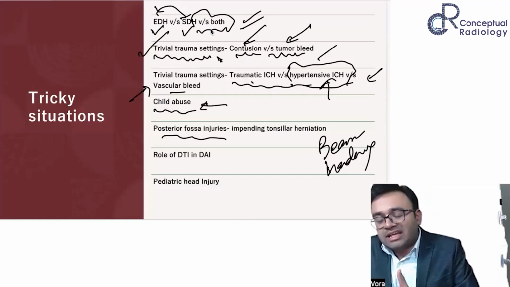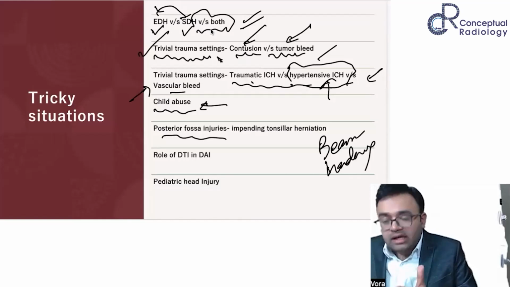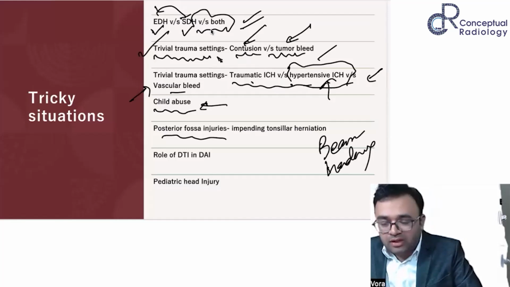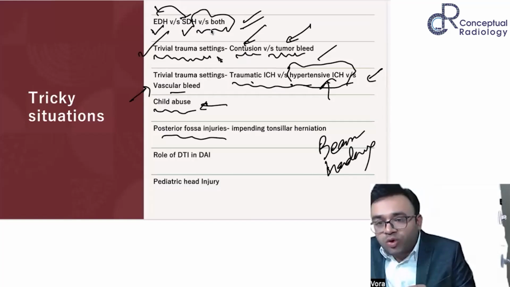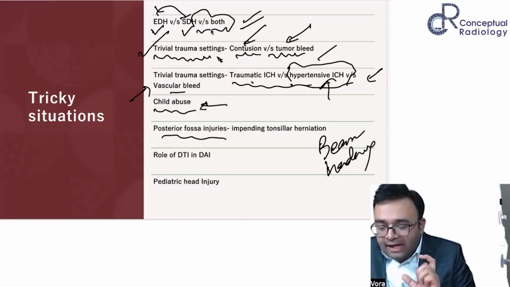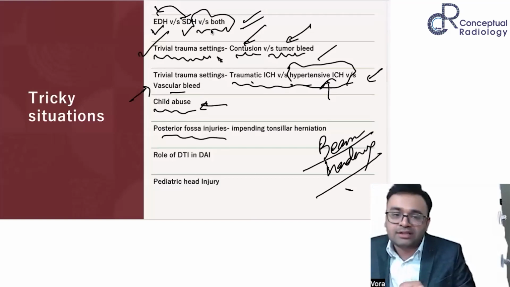Because of the change in densities from such a dense bone of the skull base to the brain, which is softer density, there is an artifact, which is called streaking artifact. And sometimes you miss bleeds in the posterior fossa. You miss the tonsillar herniation. So whenever you are scrolling through the posterior fossa, be very slow, very careful, and look for tonsil impaction, because you might miss it because of the beam hardening effect, which is an artifact which is generally seen on CT head.